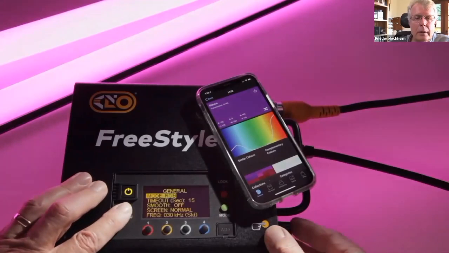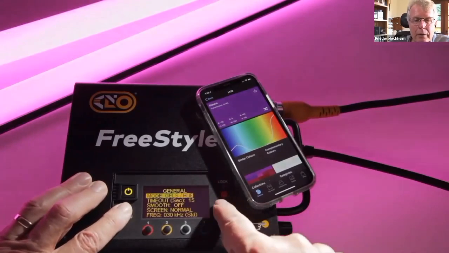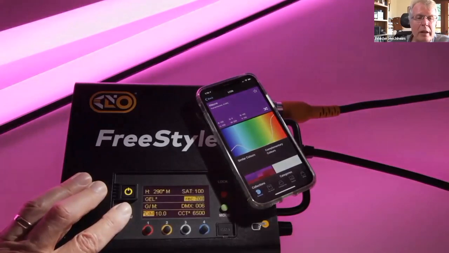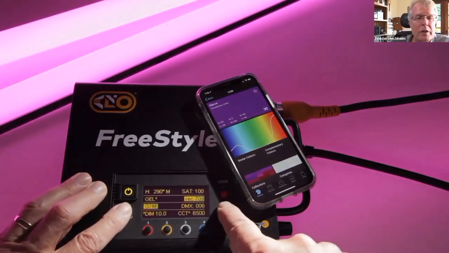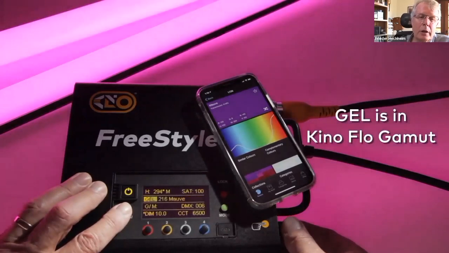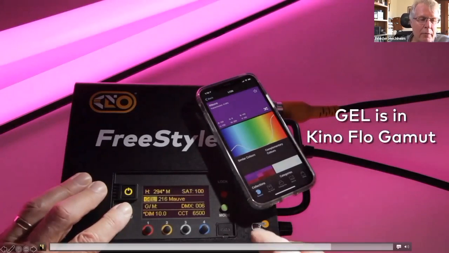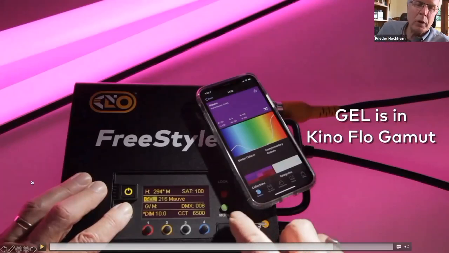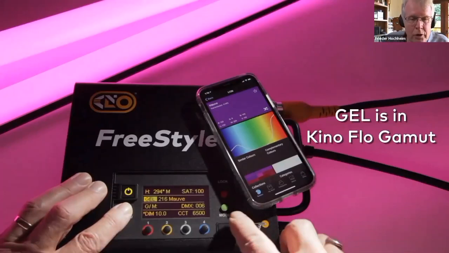Since the gamut was bigger than 709, if I change this back from 709 to the broader gamut, you see the color change. So that illustrates the difference between the Kino Flo gamut, which is larger, and the 709 gamut, which is a little smaller.